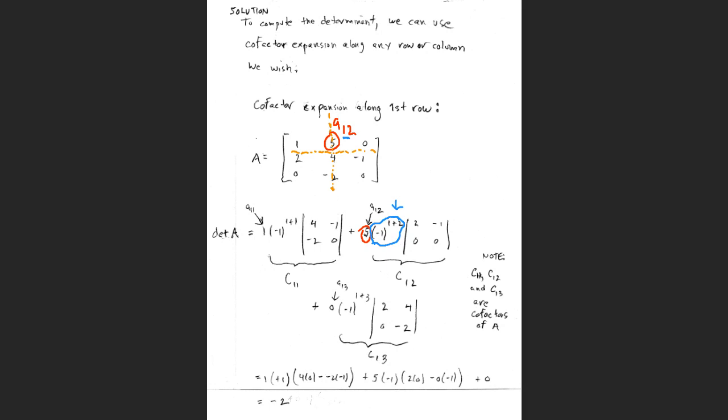And the submatrix that results has entries 2, -1, 0, and 0, and that's the 2x2 matrix we use then. And so now this is the second cofactor: -1 to the third power times the determinant of that submatrix.